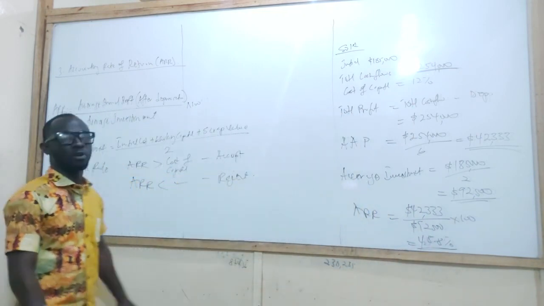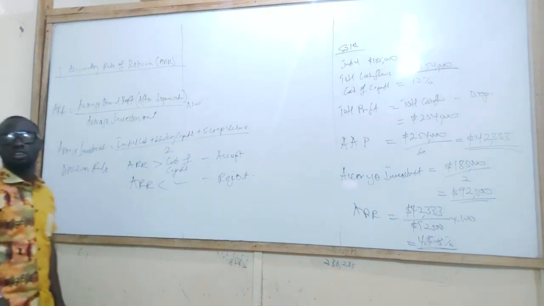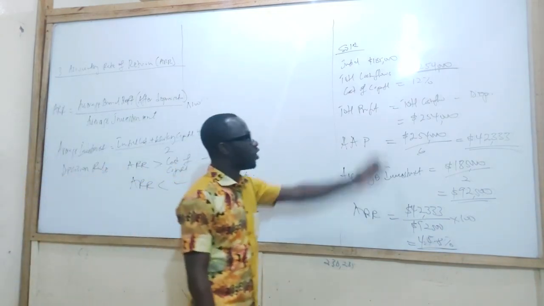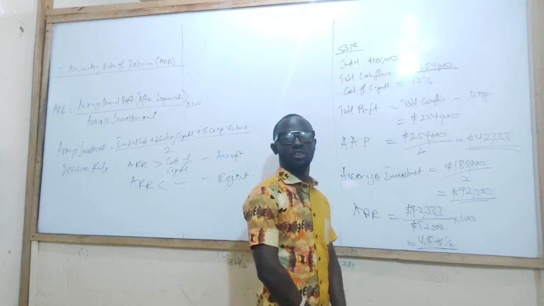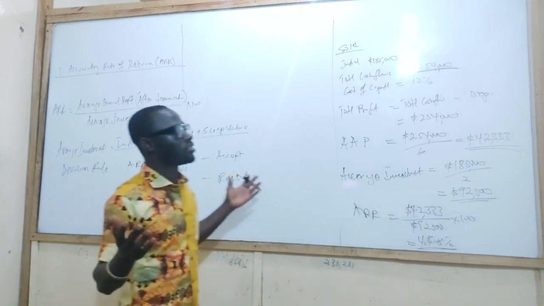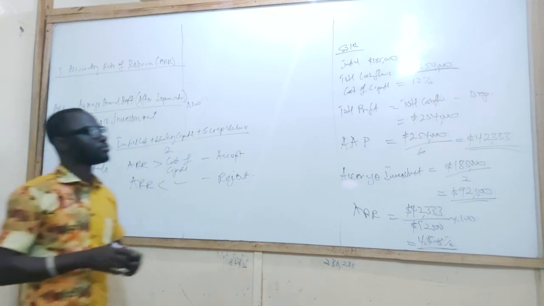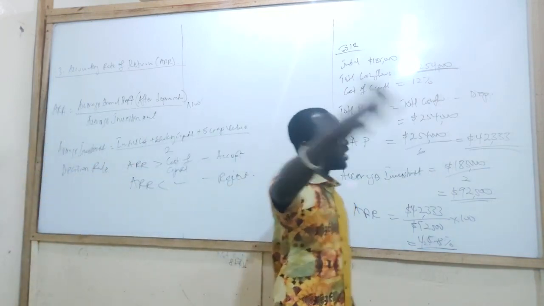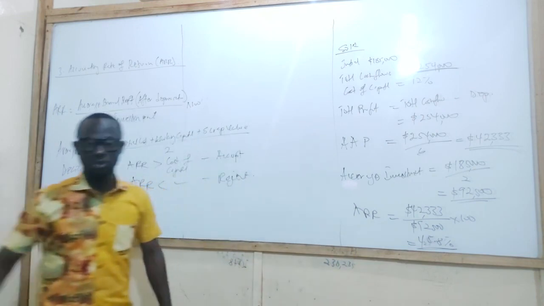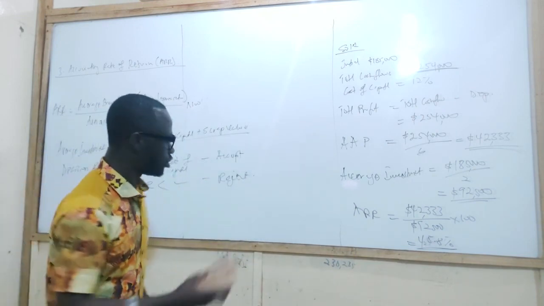Should we accept the project based on accounting rate of return? Yes, because it's bigger than the company's cost of capital. That's the idea about accounting rate of return. So you can write that, refer to that question, and put it down. And let's continue.